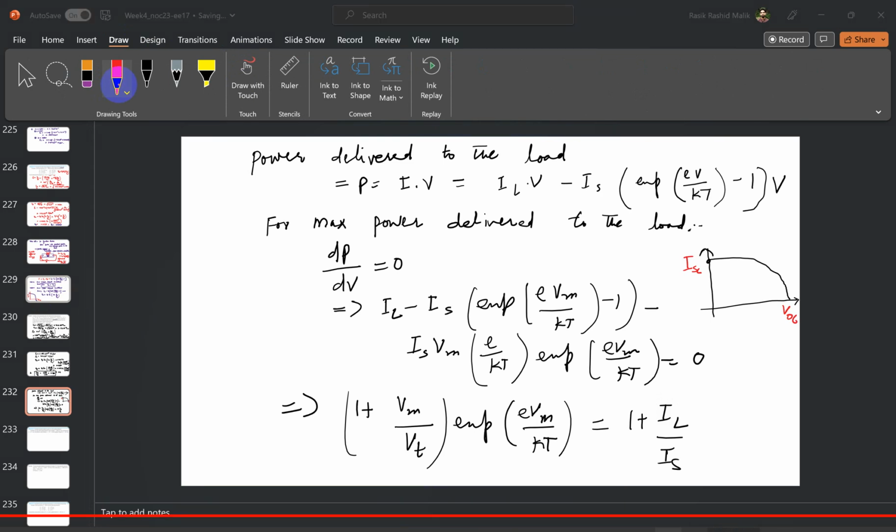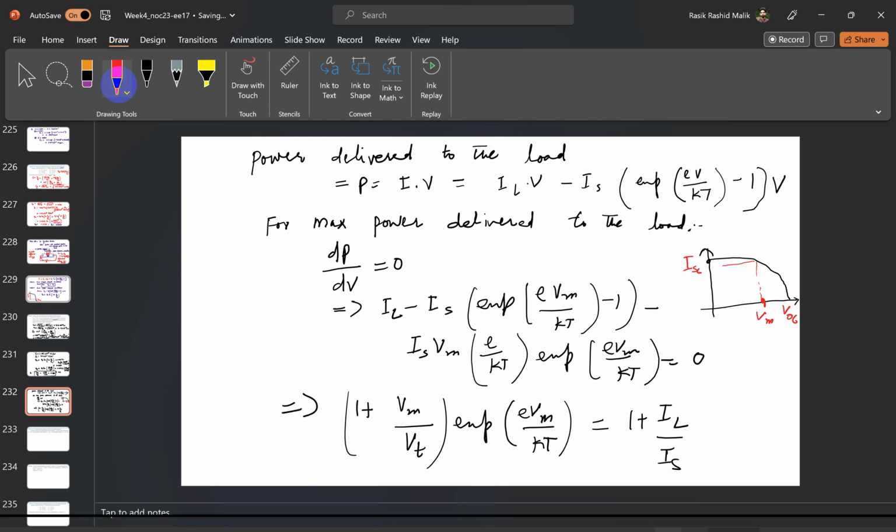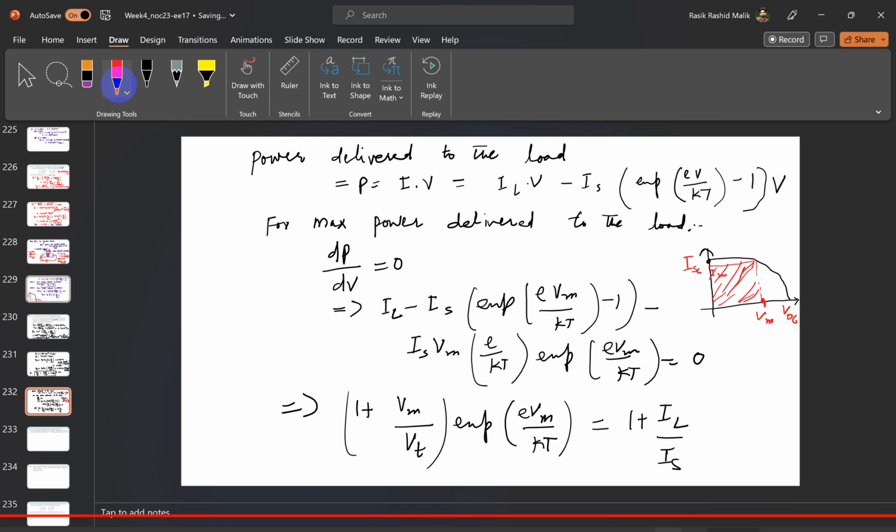Say we have some voltage here which corresponds to VM, and corresponding to that we will have IM. So the maximum power will correspond to this rectangle. This is called the maximum power rectangle of the solar cell. And if we have to calculate the conversion efficiency, let me move to the next slide.